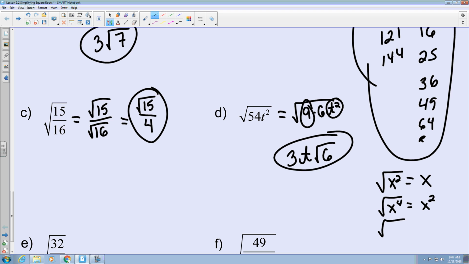The square root of x to the sixth would be x to the third. And finally, if you had an odd number, like x to the fifth, you could rewrite this as x to the fourth times x, which would then equal x squared times the square root of x.